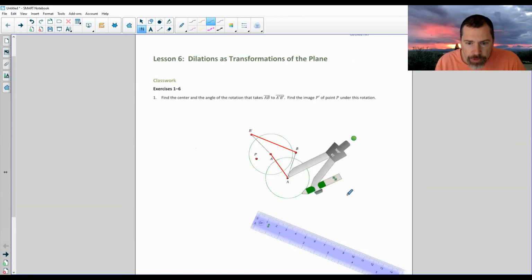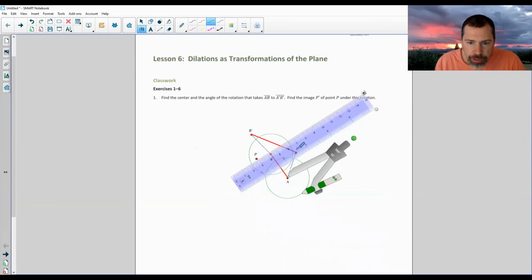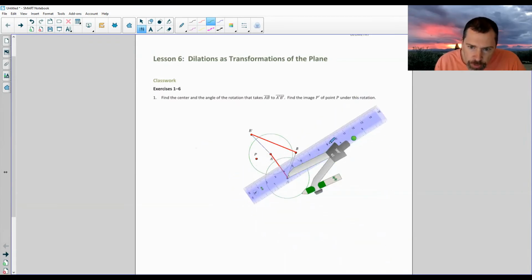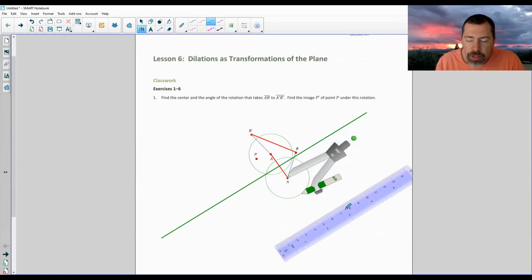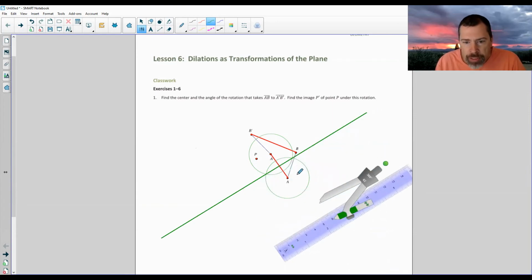And draw 2 circles, and where they intersect is where our perpendicular bisector will go. So I'm going to line up these segments, and I don't know how far out I need to go, so I'm going to go really far, like so. Okay, so there's my perpendicular bisector to A prime.